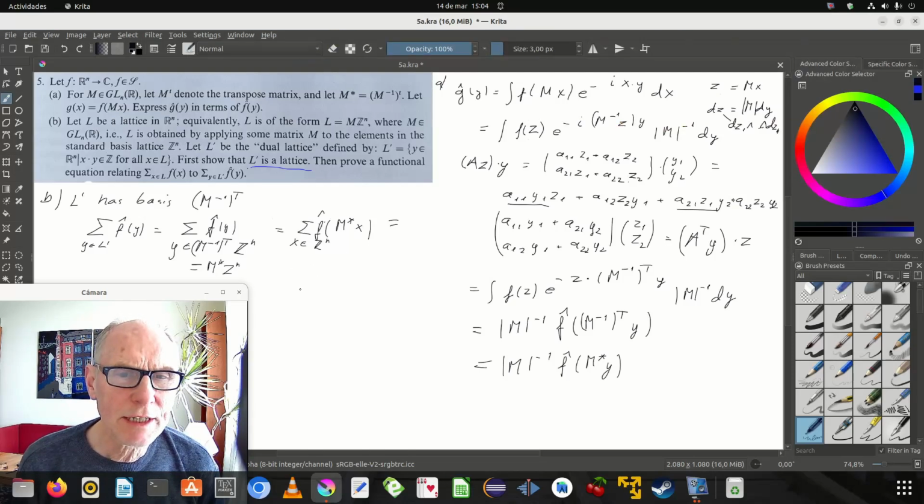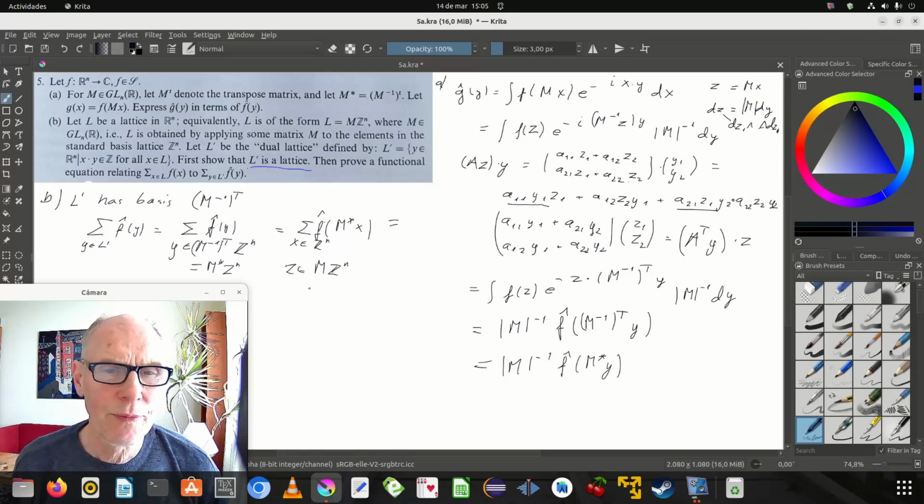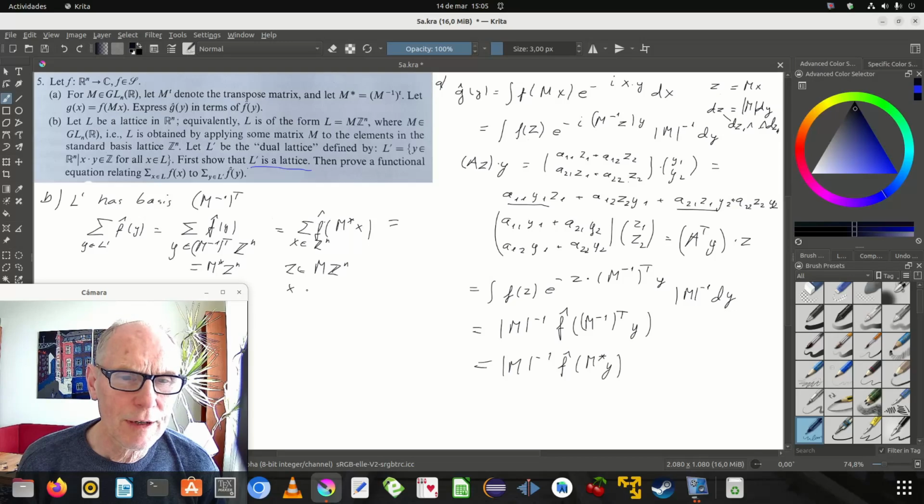And if we instead say we let z go over m, z to nth, then x equals m to minus first z.